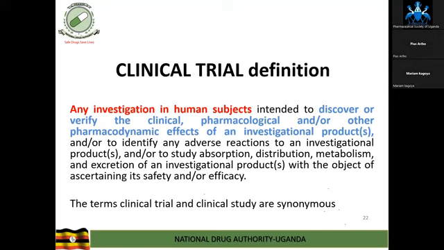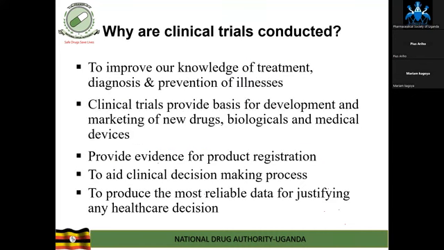You know, paracetamol is good for fever, but now from what you've read and what you've done in the lab, you have an idea that paracetamol could be good for malaria. So you want to know whether it is good for malaria or not. So you have to conduct a clinical trial. Yes, you already know what it does for fever, but now you have to do a clinical trial to know whether it can also help with malaria.